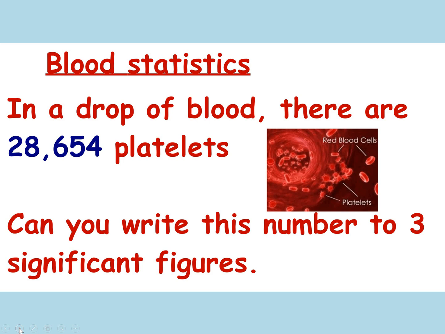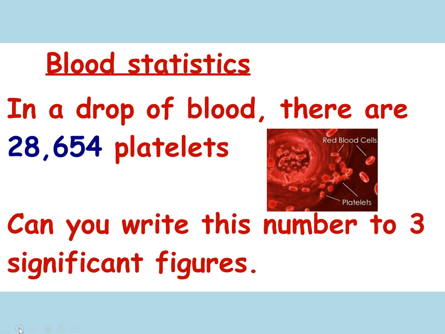So, some blood statistics then. In one drop of blood, there are 28,654 platelets. Can you write this number to 3 significant figures? Remember that if a number before is 5 or above, that will alter the number in front of it, okay?